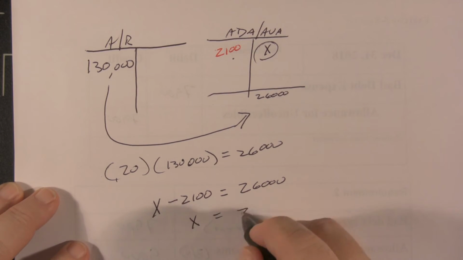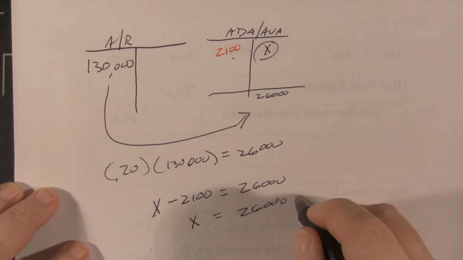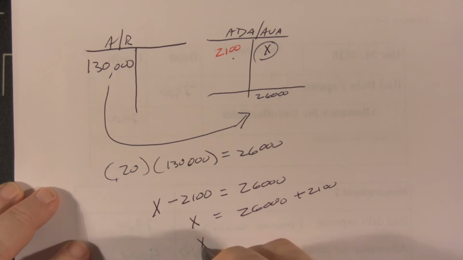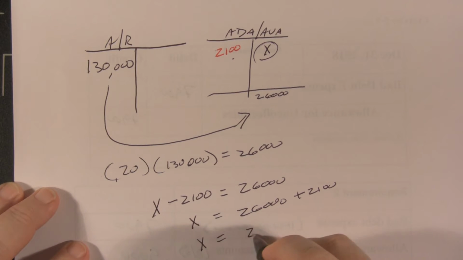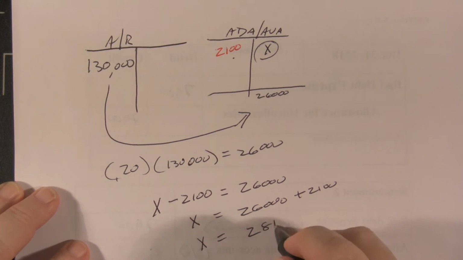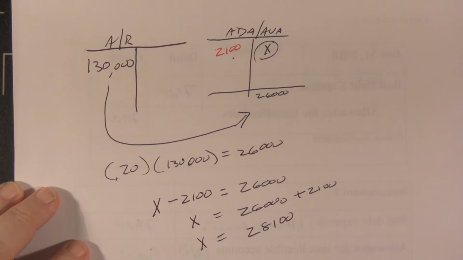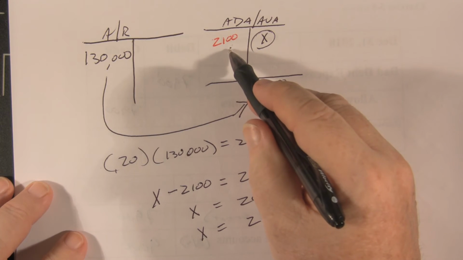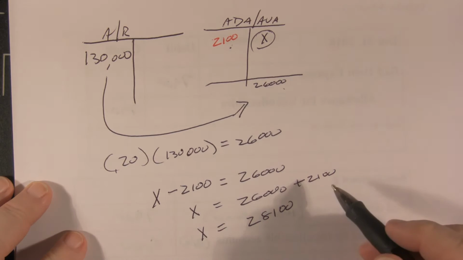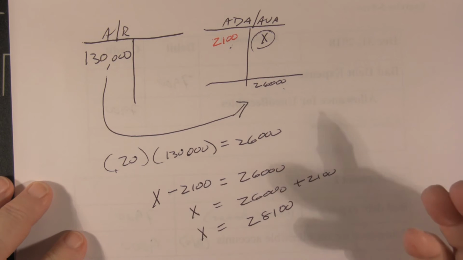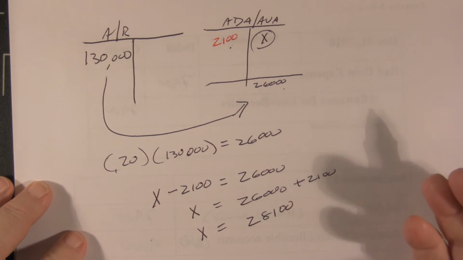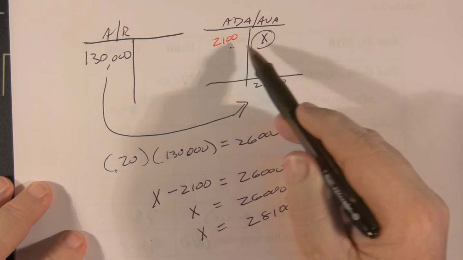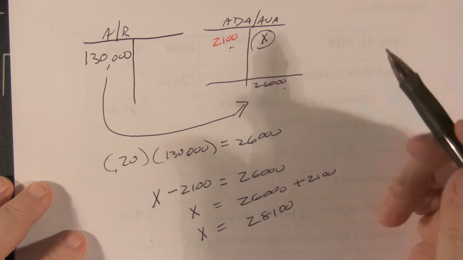X equals 26,000 plus 2,100. X equals 28,100. Because we had to catch up, get back to zero, and then get to 26,000. If you want to think of it that way, that works okay too. I need this plus whatever the debit is to get to where I need to be.